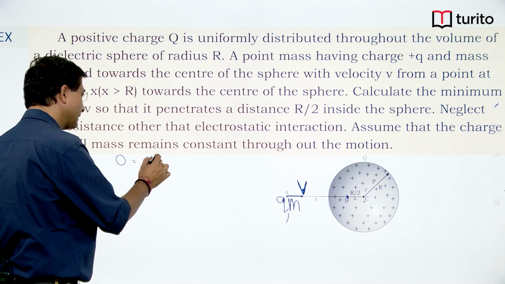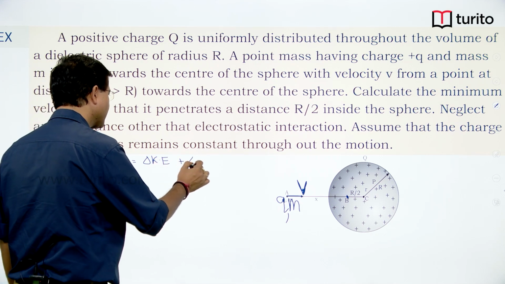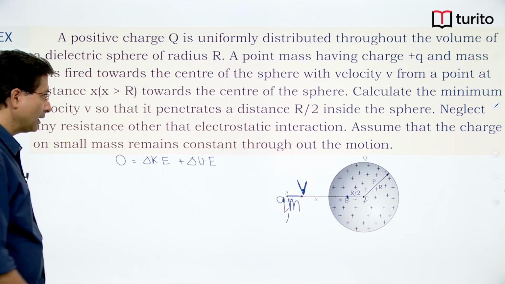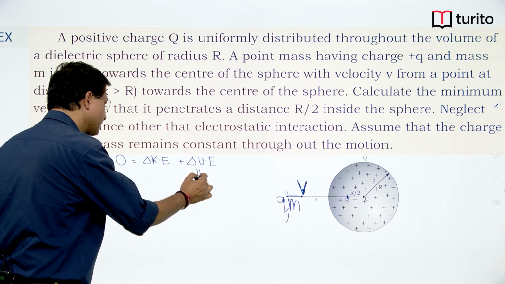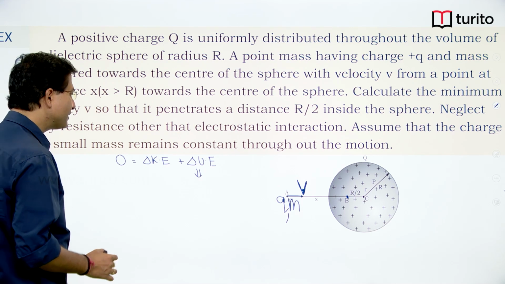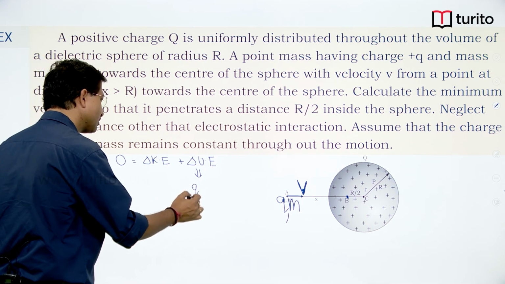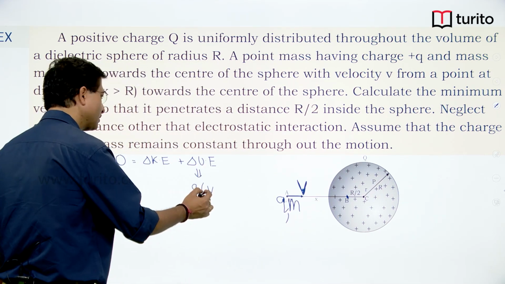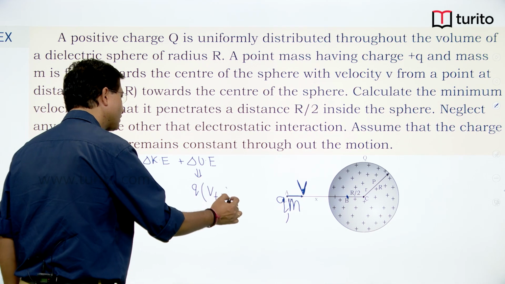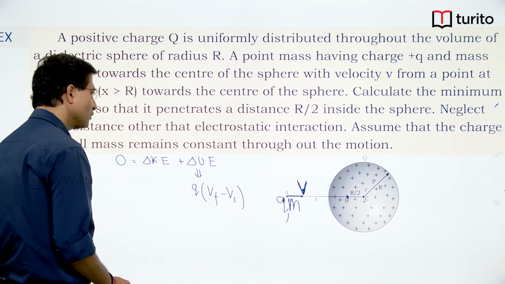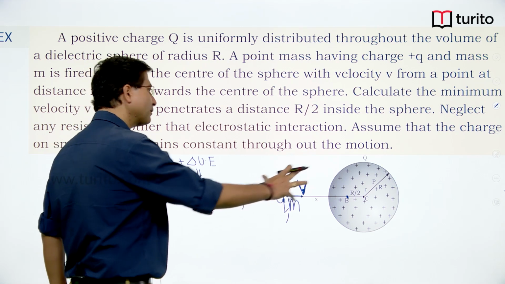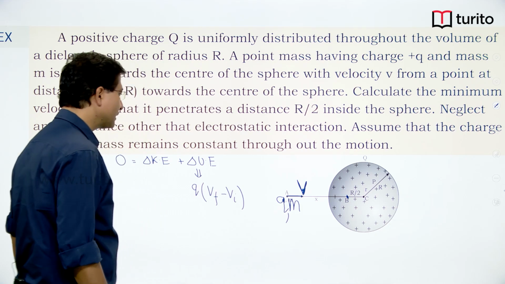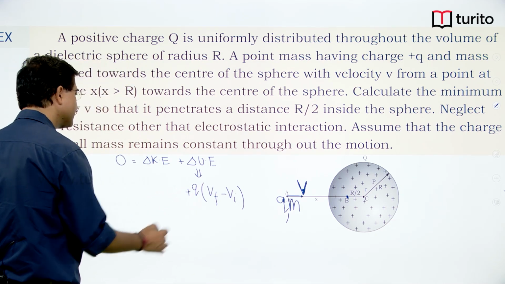There I need to write change in kinetic energy plus change in potential energy. And change in potential energy can easily be written this way: charge into potential due to sphere, potential due to sphere final minus potential due to sphere initial. So, these are the values of potential created by the sphere at these 2 points, initial point and final point, plus change in kinetic energy.